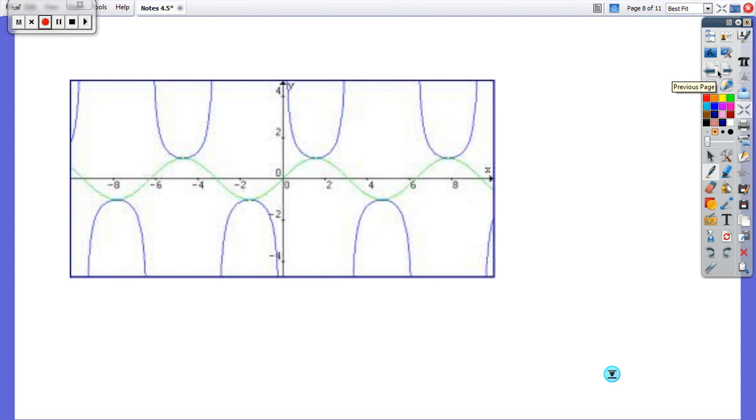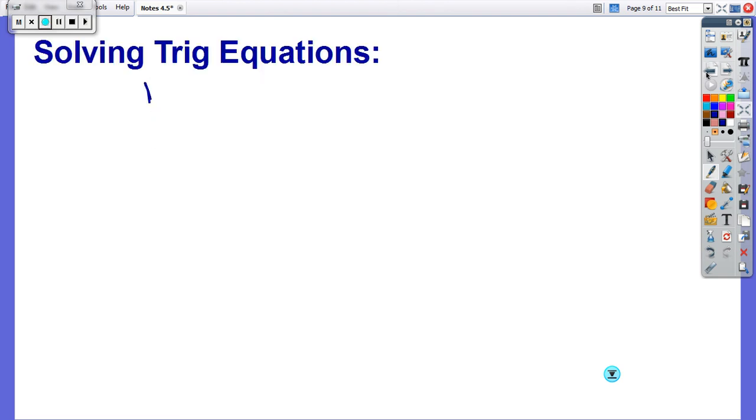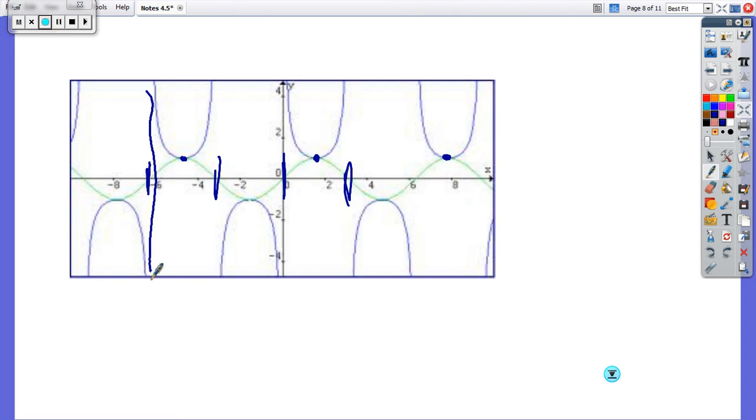So that graph was secant, this is the graph of cosecant. And cosecant is the reciprocal of sine. So when sine is equal to 1, cosecant is 1. Cosecant has asymptotes at the zeros of sine. So here, here, here. You could see that if I extended those lines, they would be asymptotes.